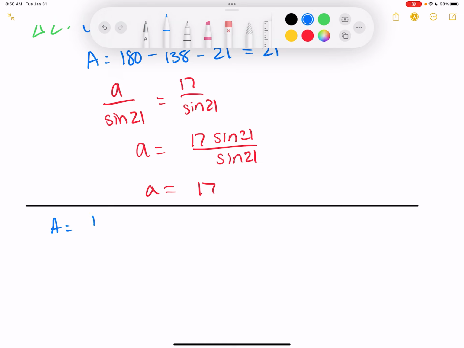But it's literally just 1/2 AB sine C. So it's whatever two sides you're given times the sine of the angle that you're given. And that's always going to be the information that you're given. Or we can have 1/2 BC sine A, or we can have 1/2 AC sine B. So basically, those are the three formulas at most that you need. But if you know 1/2 whatever the two sides are, and the sine of the angle, you're fine.